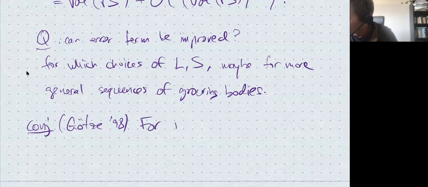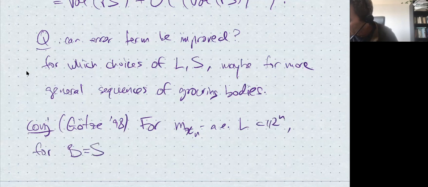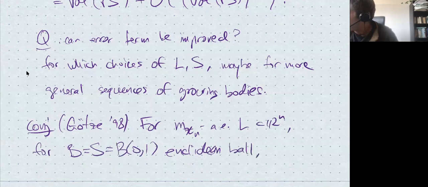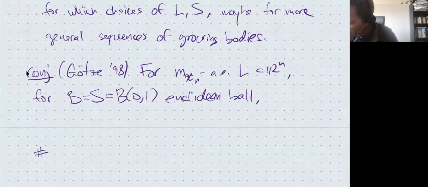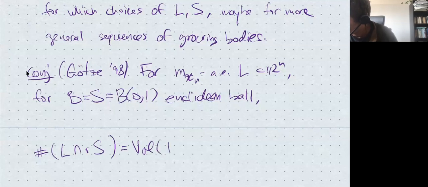So for almost every lattice L in R^n, and for S being the Euclidean ball, the number of points in R times S is the volume plus an error term which looks like this.